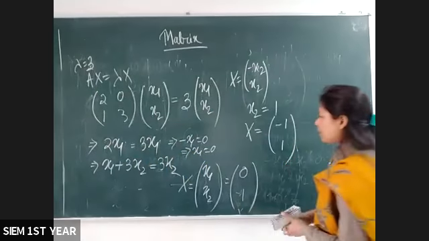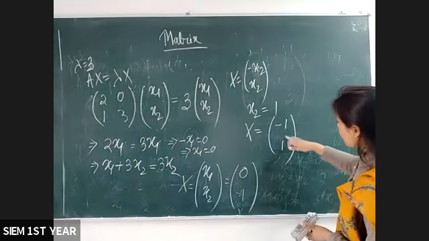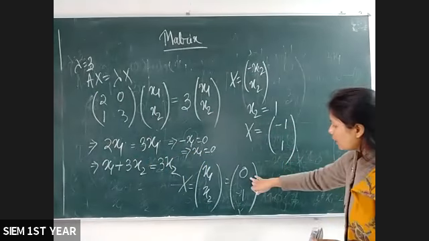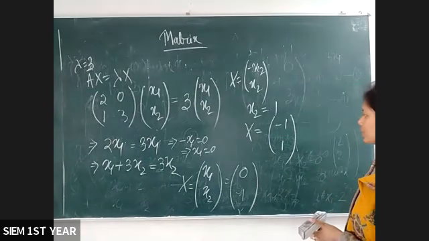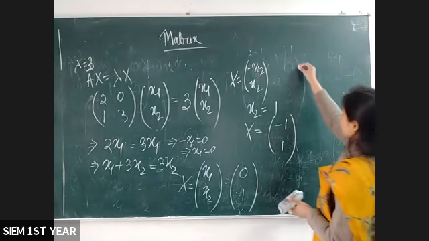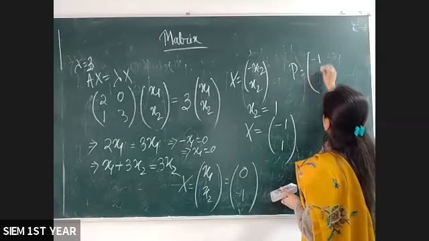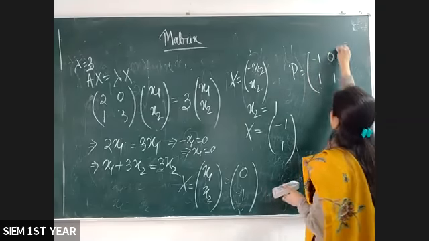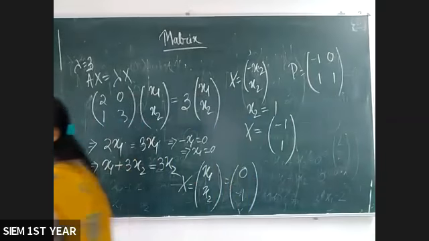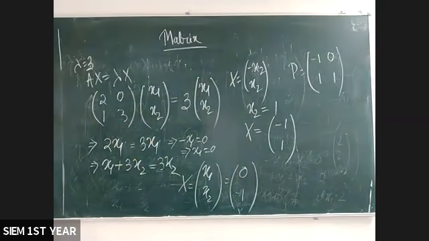Clear? So in the first case we are getting minus 1, 1. In the second case we are getting 0, 1. So your P will be minus 1, 1, 0, 1.